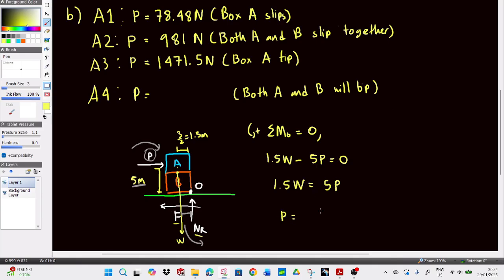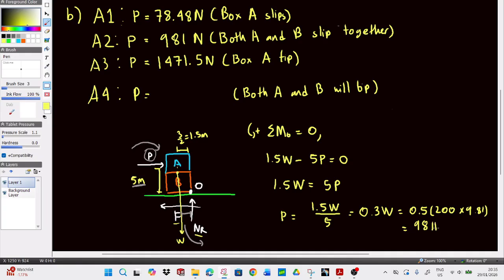Therefore, P is 1.5 W divided by 5, and 1.5 divided by 5 is 0.3, so it will simply be 0.3 W. What is W? Because we have two boxes, it is 200 kilos times 9.81.